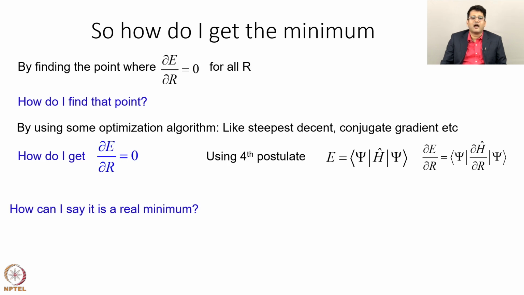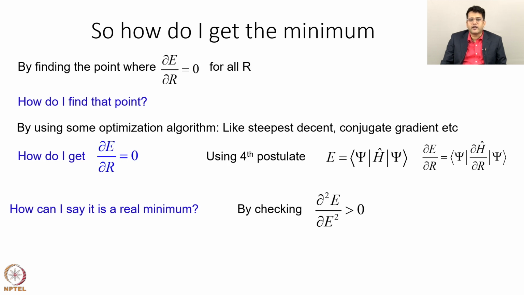The question is, how can I say it is a real minima? The gradient only tells that it is a stationary point. It can be either a maxima, a minima, or a saddle point. I can say it is a real minima by checking whether the second derivative is positive. The second derivative in this case is related to the Hessian matrix, and that is related to the IR frequencies.